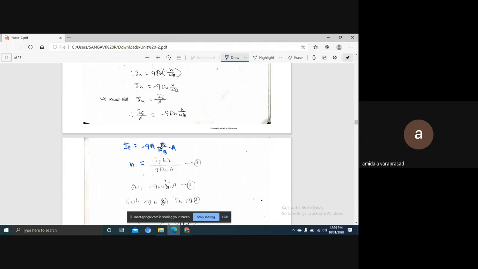Now n is equal to, from this, I_E: except n, this is the n, right?